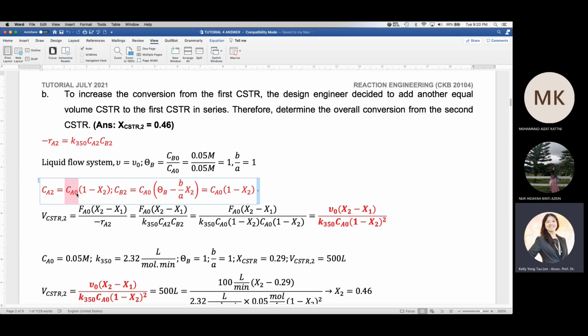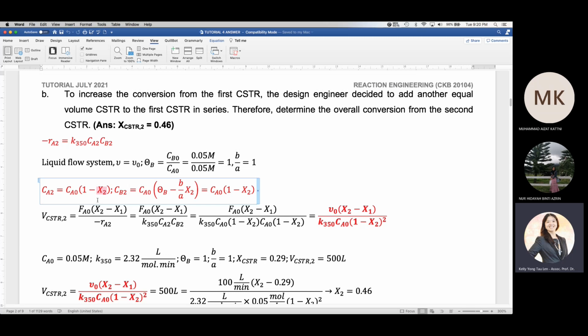Dia masih lagi based on the very first fresh solution that we prepared. That's why the CA0 is still there. However, X ni dah menjadi X2 sebab kepekatan dalam reaktor kedua, my A concentration in my second reactor will be based on the conversion in the second reactor which is X2. So, tu je perbezaan dia.